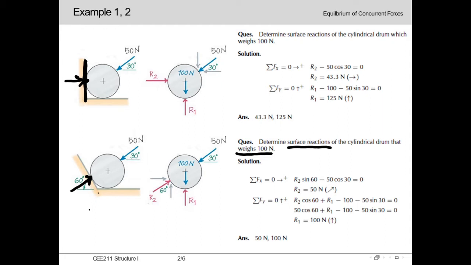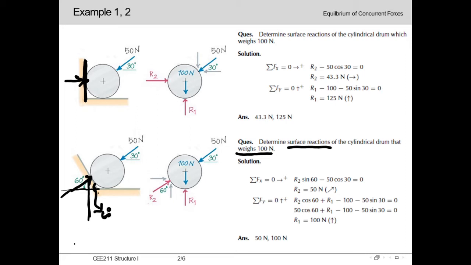Now we need to know the angle of this reaction force. So this is our vertical axis, and here it has been mentioned that this plane is at a 60-degree angle with the horizontal.